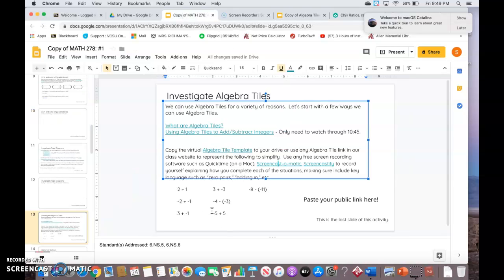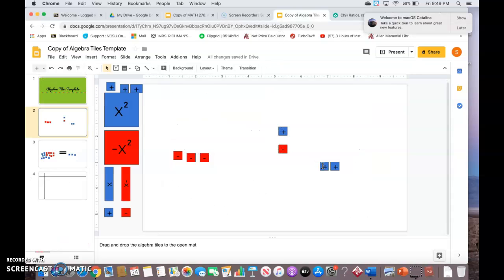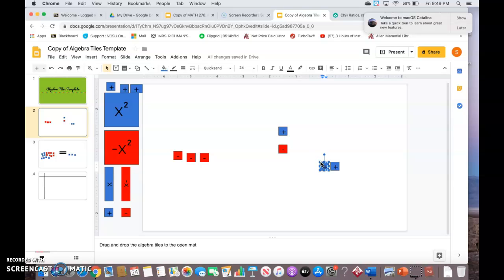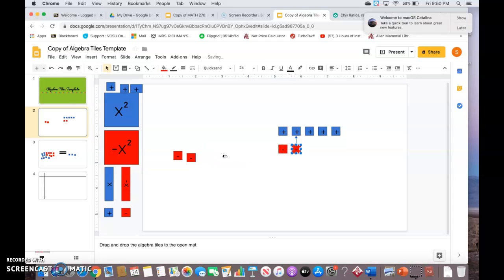The final equation is negative 5 plus 5. To solve this problem, a person would take 5 positive tiles and add them to 5 negative tiles.